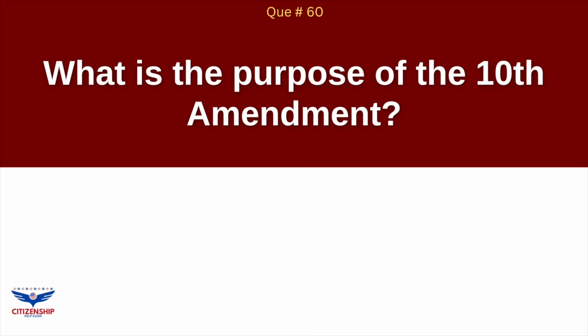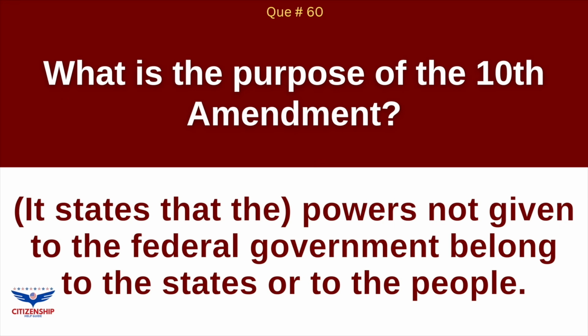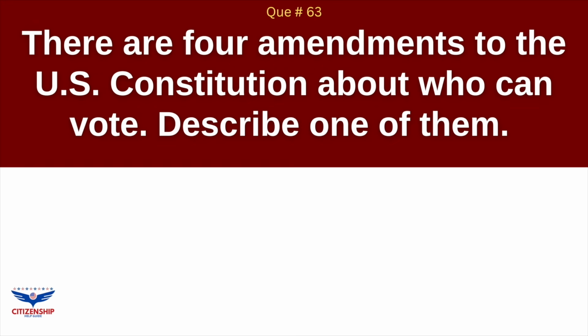What is the purpose of the 10th Amendment? It states that the powers not given to the federal government belong to the states or to the people. There are 4 amendments to the U.S. Constitution about who can vote. Describe one of them.